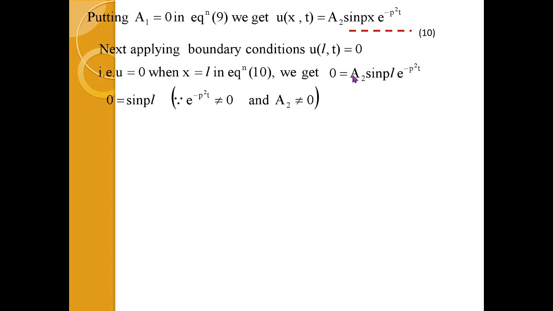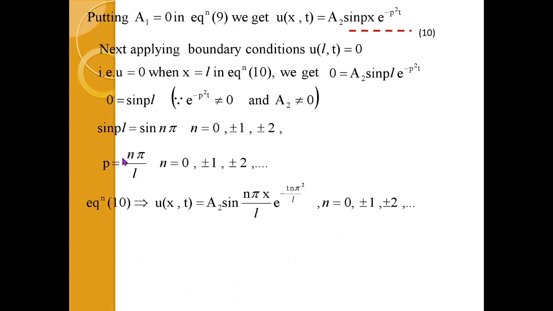The possibility is only sin pL is 0, because e raised to power minus p square t and a2 cannot be 0; if any one of them is 0 the solution becomes 0, and we want a non-zero solution. Therefore sin pL is 0, and the sine function is 0 at the generalized angle n pi. So sin pL is equated to sin n pi, where n takes the values 0, plus minus 1, plus minus 2, and so on. Infinite number of values are there for this angle. Now from this we obtain p, that is n pi by L.